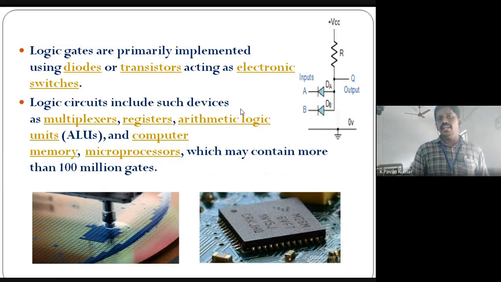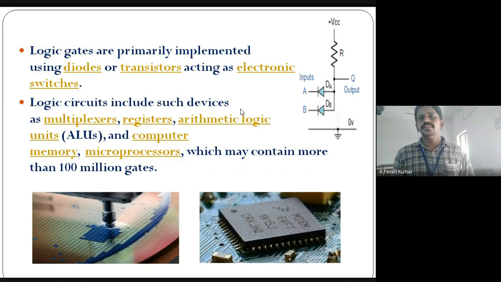And arithmetic logic units: you know about the ALU operations. AND operation, OR operation, and logical NOT operations are used in the ALU. All arithmetic and logical operations are performed based on these logic gates.